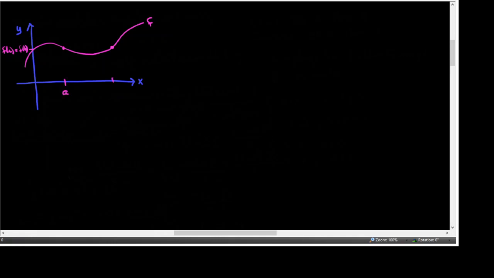First condition being you have a continuous function. And the second one is that f is differentiable on the open interval a to b, and number one I forgot to write, it's continuous on the closed interval from a to b.